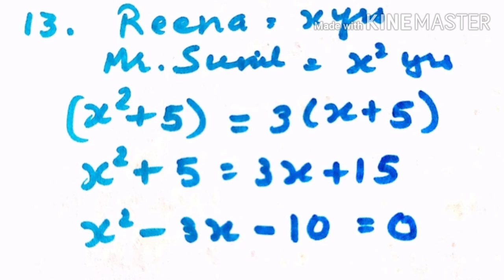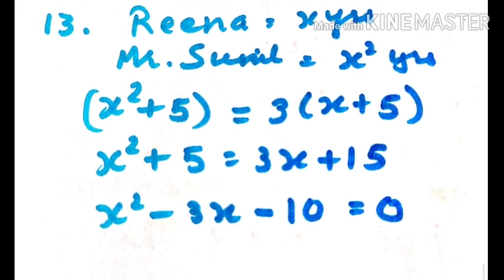We get x square minus 3x minus 10 is equal to 0, which is our standard form of quadratic equation. Now students, you can find the factors. As 10's factors, you can take 5 twos and then you get minus 3 accordingly as the middle term, and then you find your answer by yourself.